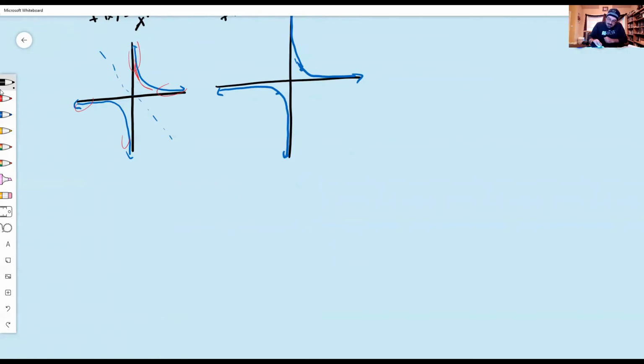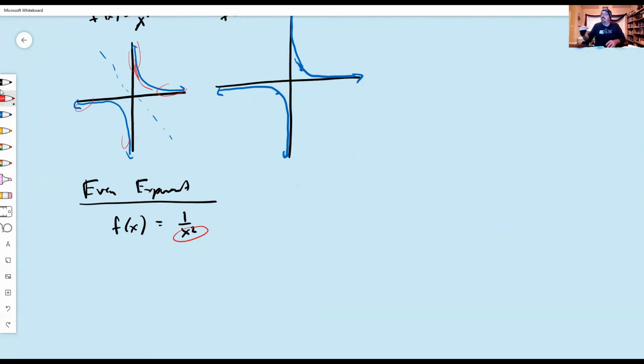Now, if you have an even exponent, so for example, f of x equals 1 over x squared. The thing to know about here is x squared or x to the 4th or x to the 6th will always be positive. It doesn't matter what x is. When you square it, or raise it to the 4th, it's always positive. So there won't be a negative like on the odd one up here.